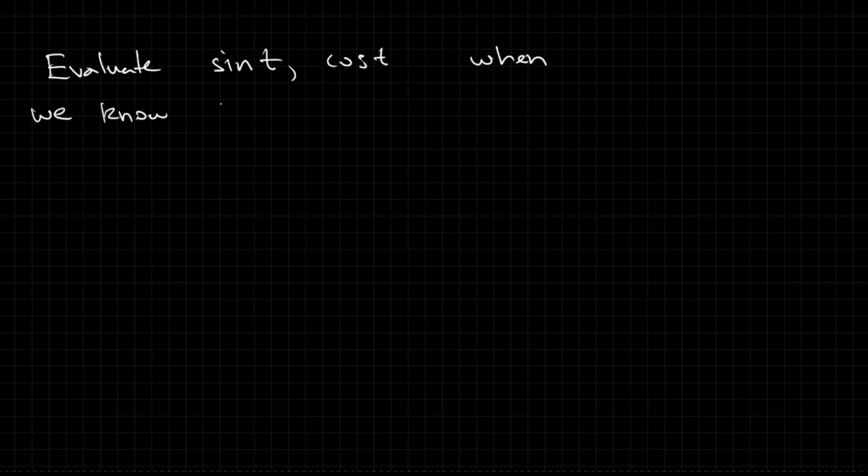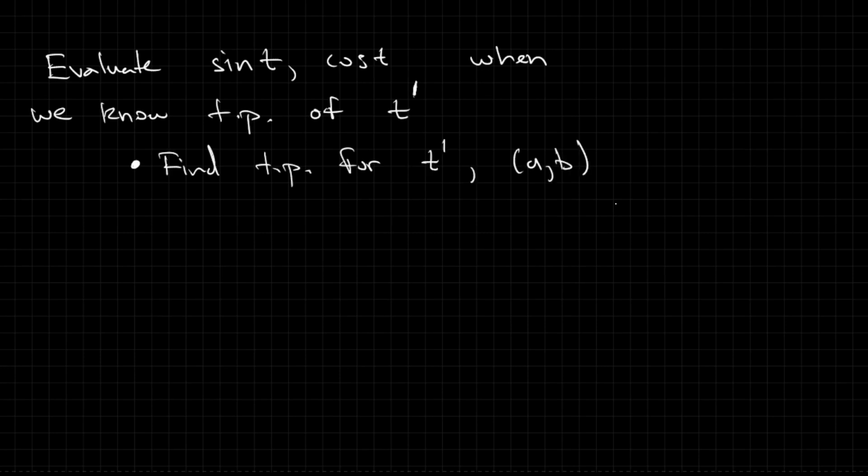In the previous video, we discussed how to evaluate sine of t and cosine of t when we know the terminal point TP of the reference angle t prime. Essentially, what we had to do was find the terminal point for t prime, and let's call that a comma b.